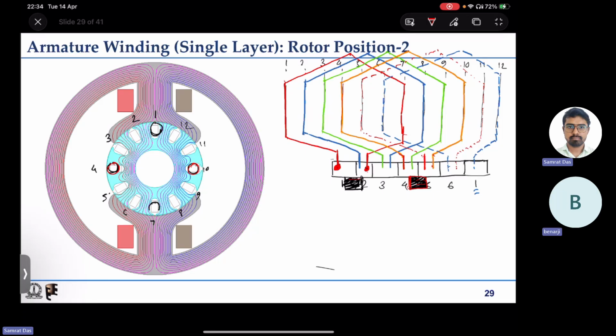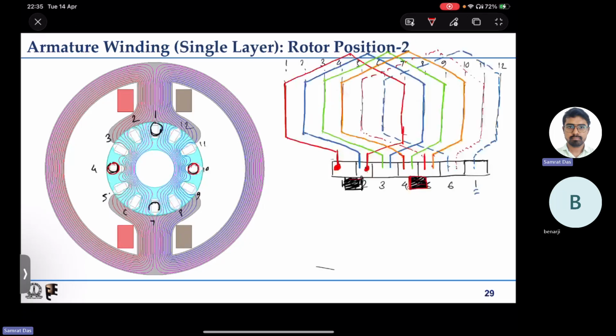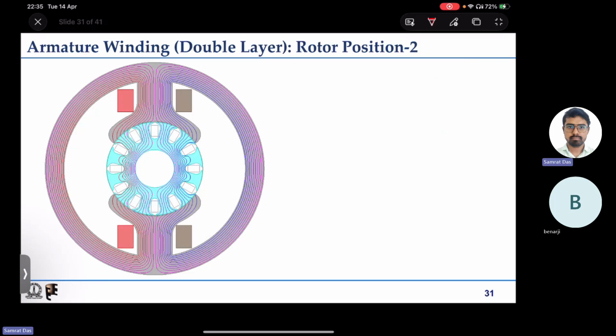But because it is not a practical one, let us not waste time discussing how the current will flow. We'll start with the double layer winding for this rotor position 1 on the next day, and we'll solve it. That day we will discuss the current direction for rotor position 1 as well as rotor position 2.